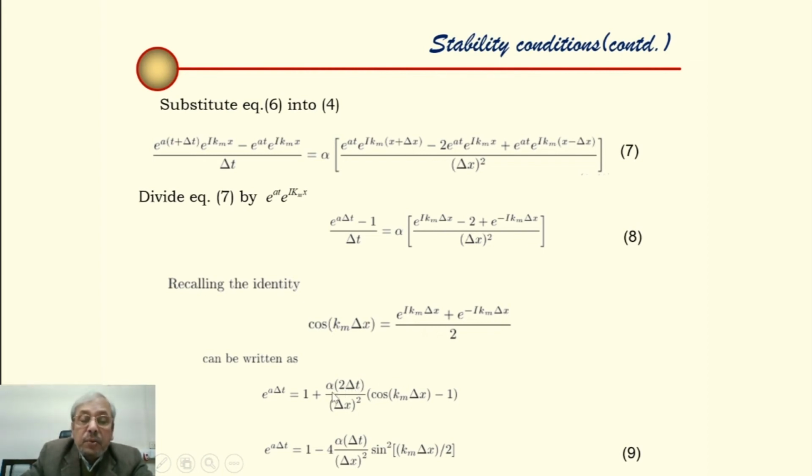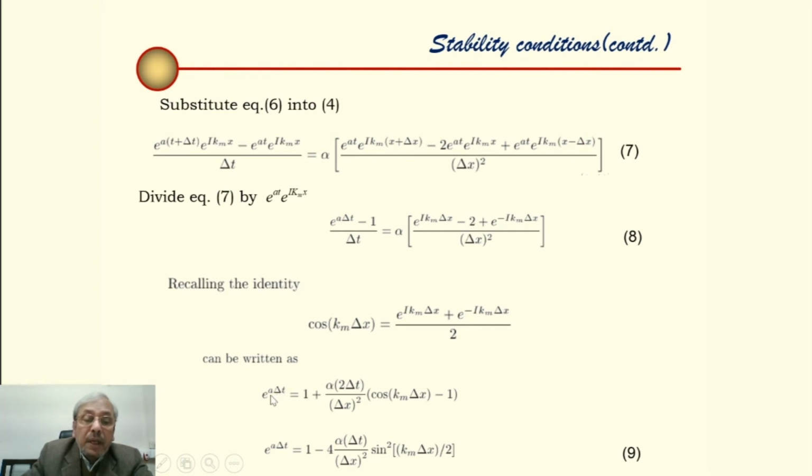We take 2 outside, so this becomes alpha into 2 delta t by delta x square. Delta t comes from the left hand side, so alpha delta t by delta x square is pulled out. 2 is the common factor from here, pulled out here. Within the bracket we get cos km delta x minus 1, and we transfer 1 to the right hand side.